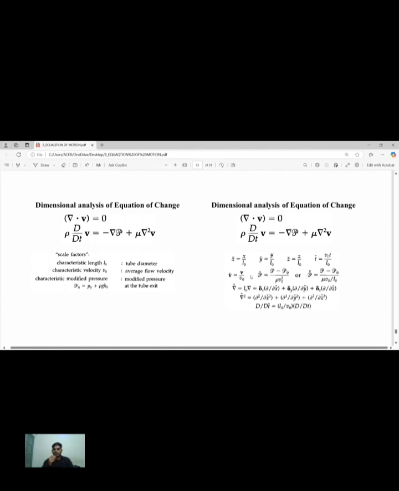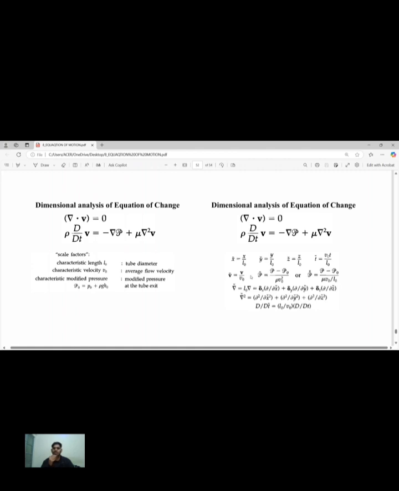Similarly, y cap is equal to y by L naught, and z cap is equal to z by L naught. For time, t cap is equal to v naught into t by L naught.